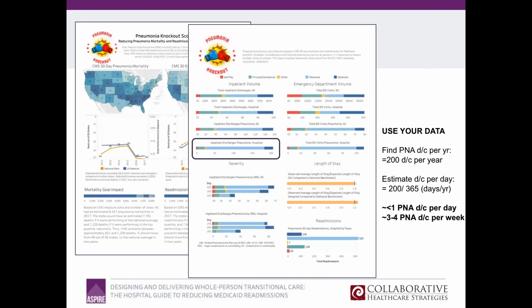I've just shown you on slide 27 where you can find your most recent annual data. I circled it there in the middle left-hand column of page 2 or 3 of this packet.